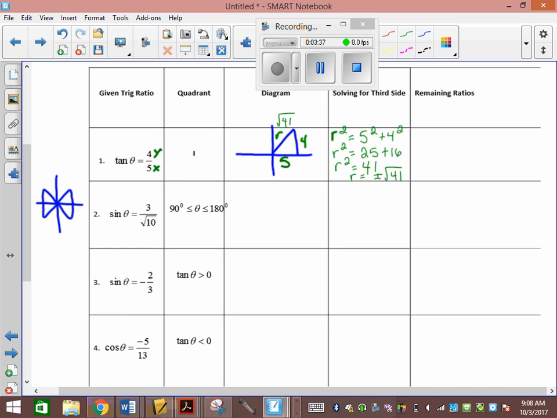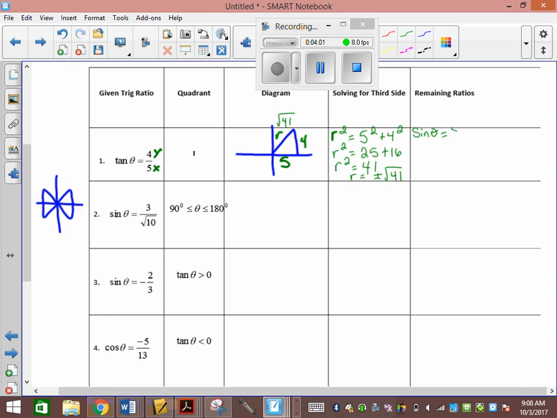For each one, we're going to pick 2 ratios to find. Cotan is not one of them, because cotan would just be 5/4. Okay? So, what if I give you sine theta? Sine is y over r.